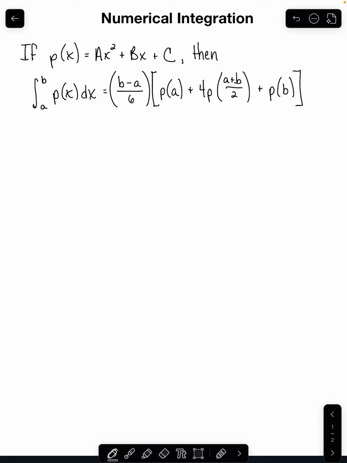Now this is quite the claim, definitely less than obvious. So we're going to go through the algebra to prove this. This is a direct proof and simply requires the algebra to work with. Now, the reason why we have unspecified values for big A, big B, and big C is that every parabola is defined by those 3 parameters, and they're going to be different for each parabola.